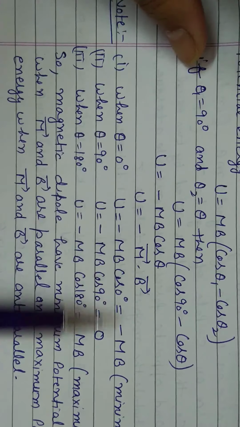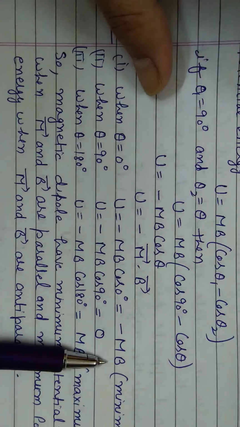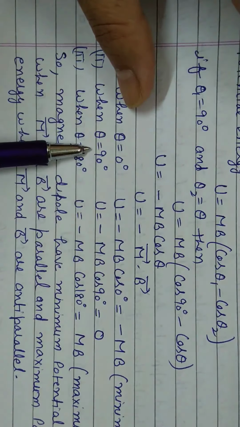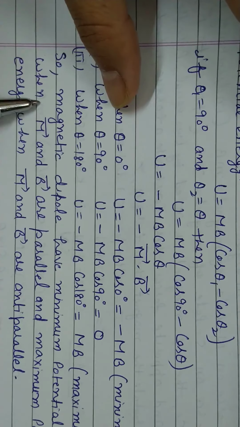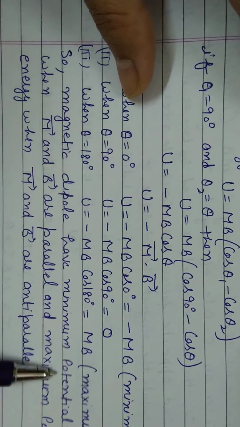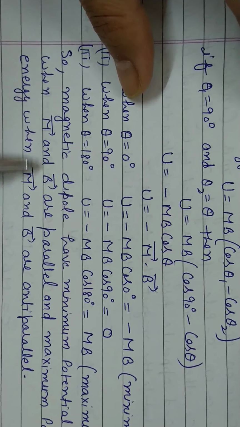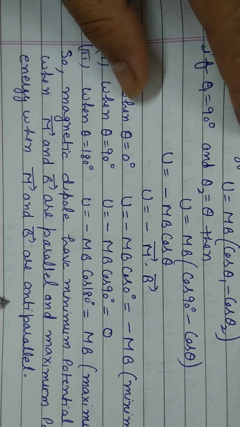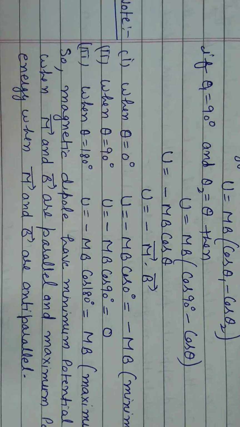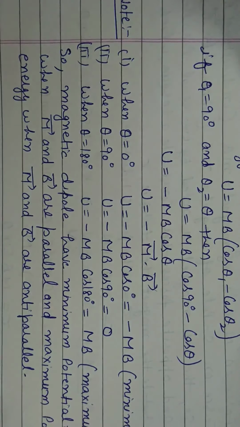At theta 0 the potential energy is minimum, at 90 degrees it is 0, and at 180 it is maximum. So a magnetic dipole has minimum potential energy when the m vector and B vector are parallel, and maximum potential energy when they are anti-parallel. These concepts are the same as in electrostatics, only the terms are different.